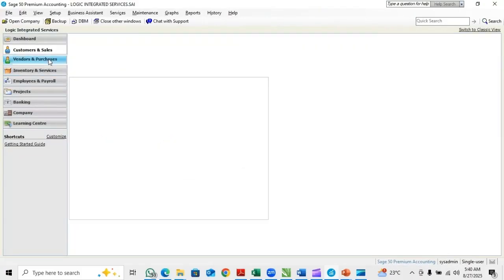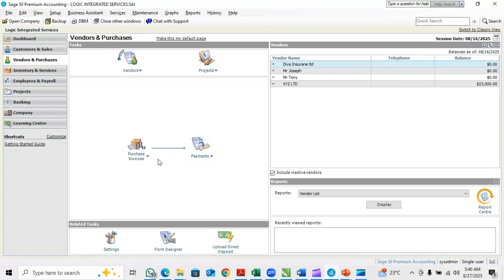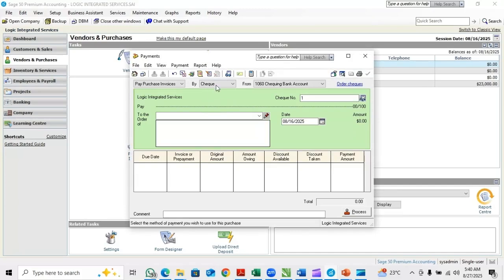So we'll go to vendor and purchases and the payment. Since it's already an invoice that we have posted before that is yet to be paid, this time around we'll go to payments and go to pay purchase invoice. So you go to cash and pay from here.